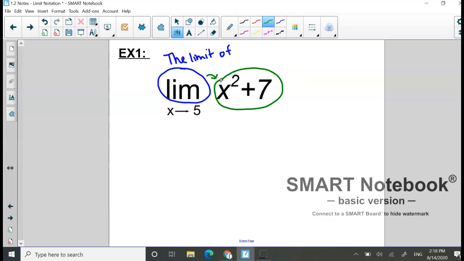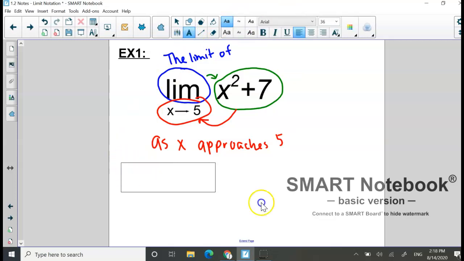And then the last part that we say is as x approaches 5. Now typically that's the order that I say it in. Technically you could say the limit as x approaches 5 of x squared plus 7. You just have a little bit of a grammatical difference there.